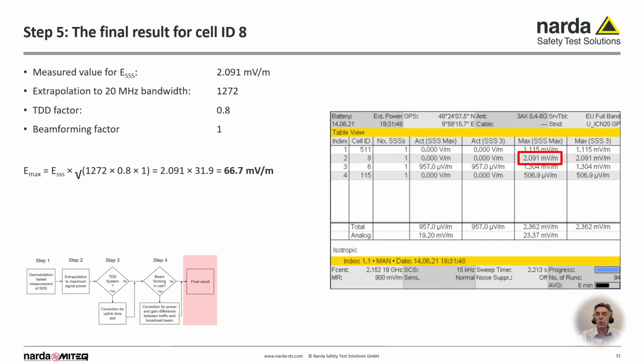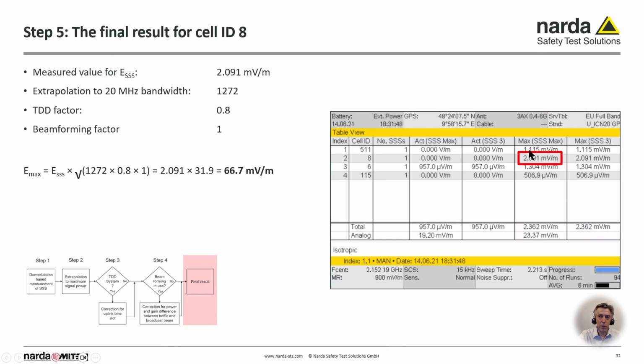Okay. I would like to do the final calculation for our example. So we take the value, the electric field strength for the SSS, the 2.1 millivolts per meter, multiplied by the root of the extrapolation factor to total power, 1272, multiplied by the TDD factor of 0.8, multiplied by 1, because there is no beamforming, is a result of 66.7 volts per meter.